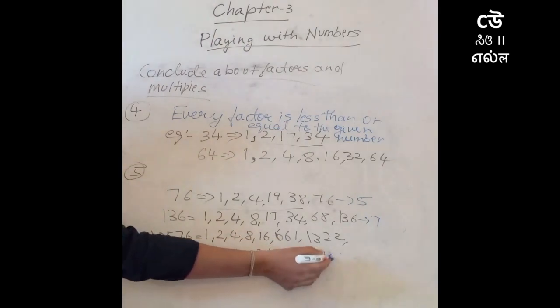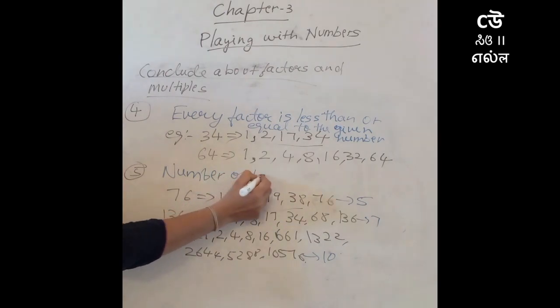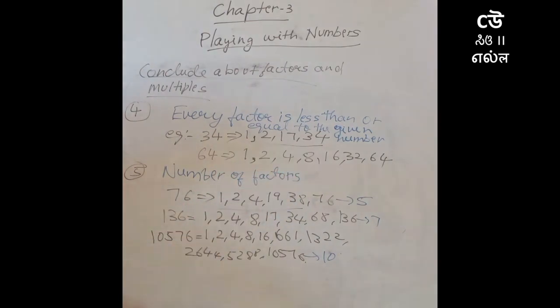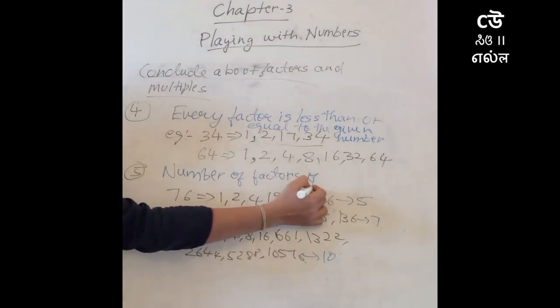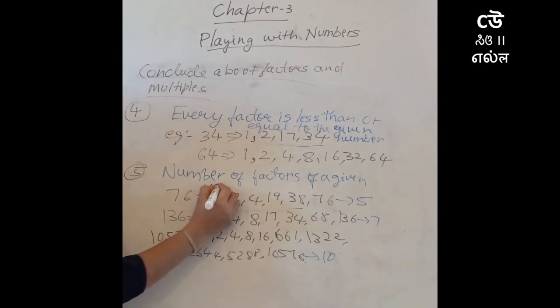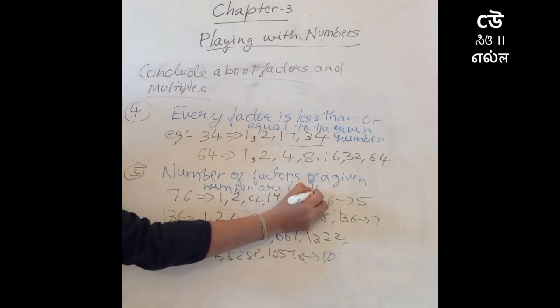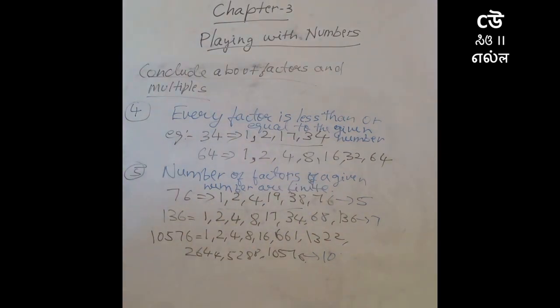So it's countable. So we can conclude that the number of factors of a given number are finite. Finite means we can count the number of factors for the given number.